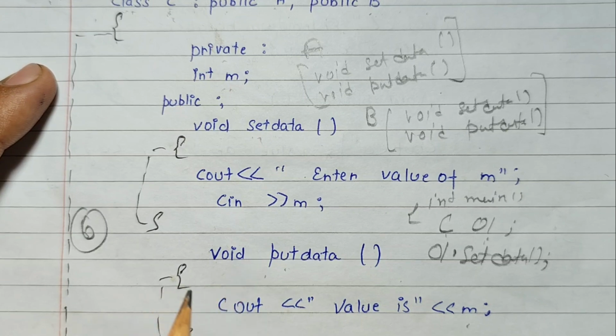Why? Because here the compiler is confused about which set data member function you want to call.